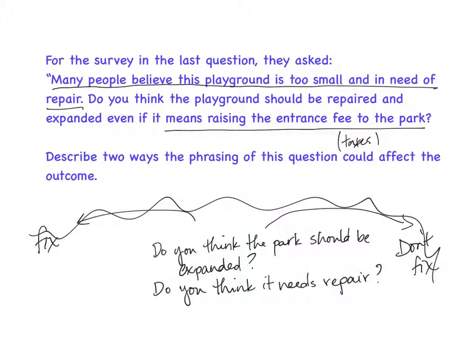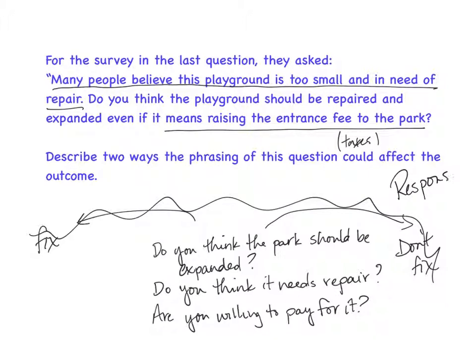And are you willing to have an increase in taxes? Are you willing to pay for it? So there are more neutral ways that you can ask questions, but when you ask a question that's not neutral, that is what's called a response bias. And we're going to talk about that more in just a minute.